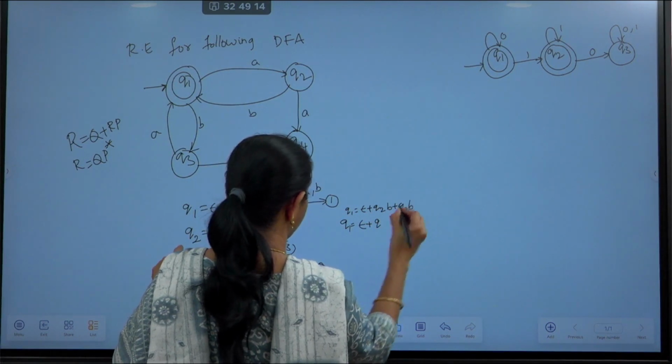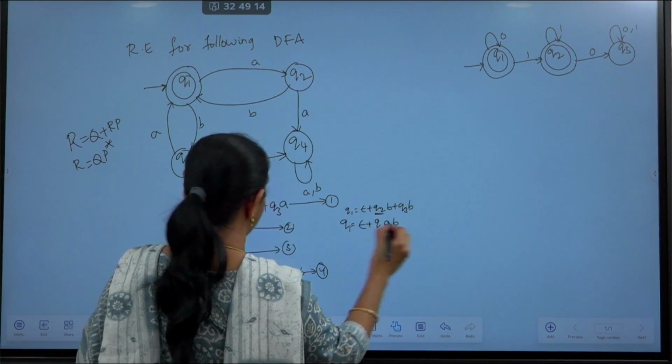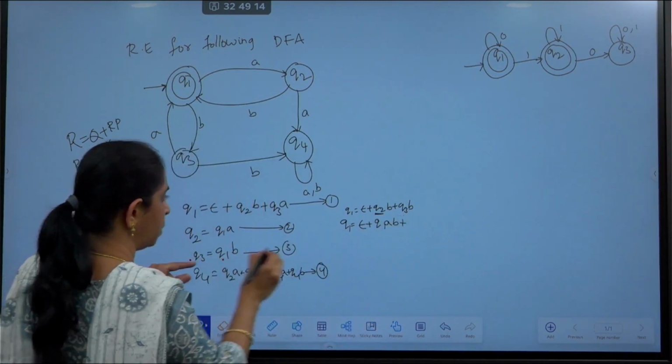This is equation number 1. Q2 means we have Q1A, based on equation 2, plus Q3 means we have Q1B, based on equation 3.